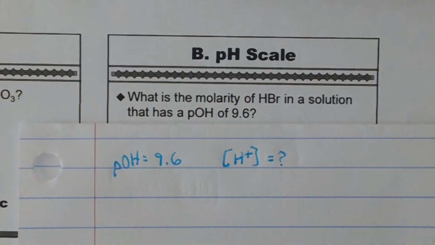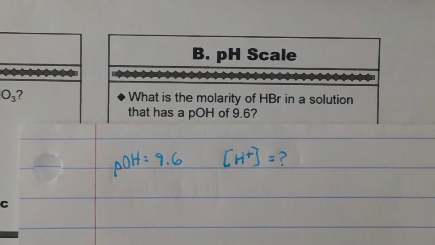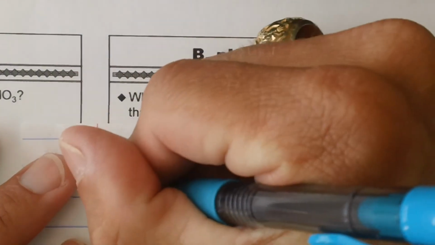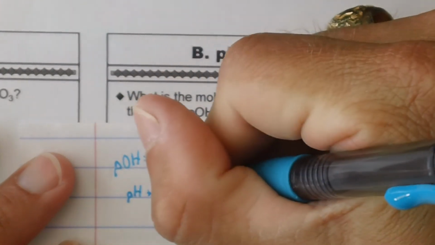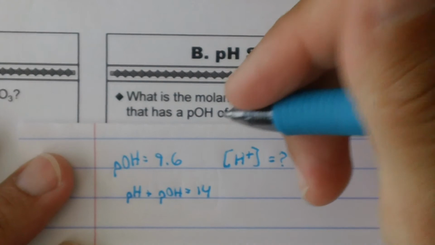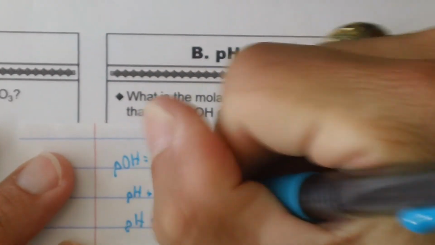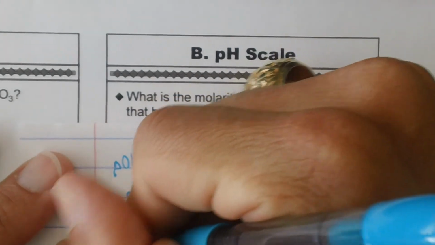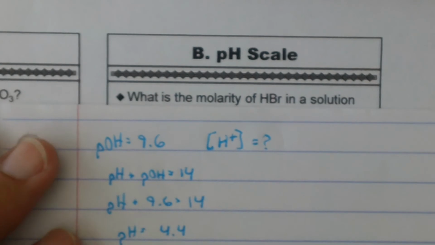Now, none of the formulas we have both of those things in there. So what we're going to have to do is take that pOH and turn it into pH first. So we have pH plus pOH equals 14. pH plus 9.6 equals 14. And so our pH there equals 4.4. At least I hope.